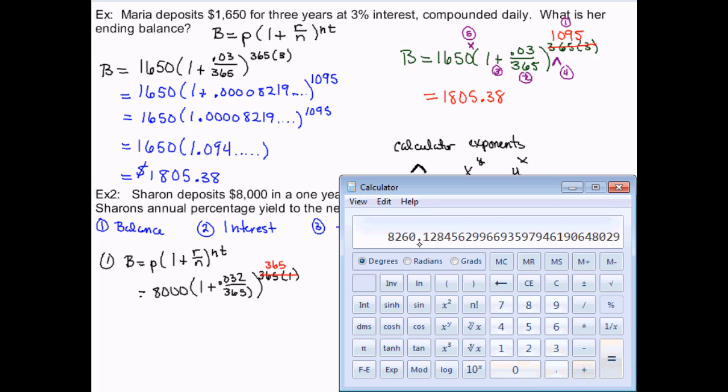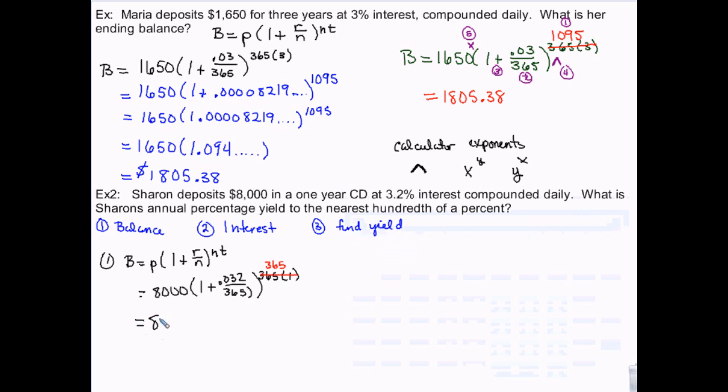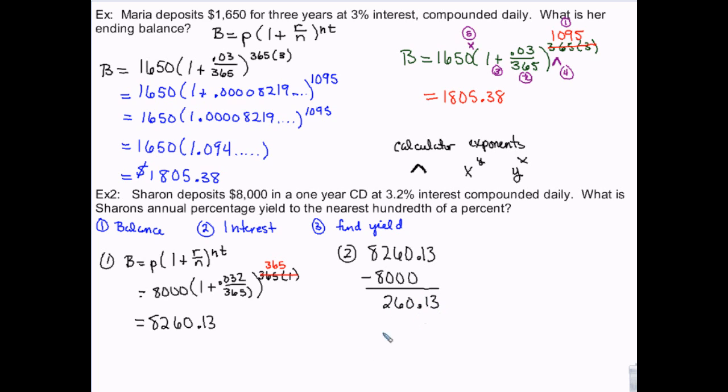So $8260.13. Okay, so that's the balance at the end of the year. Now to find the interest, I take the balance and I subtract the principal. Okay, so that's the interest.